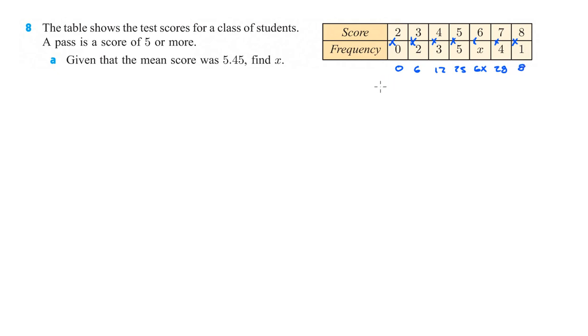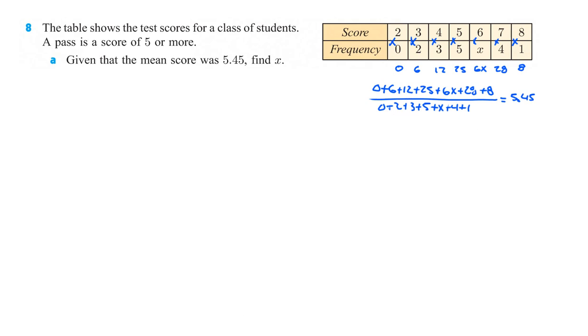So we know that 0 plus 6 plus 12 plus 25 plus 6 times whatever x is plus 28 plus 8, all divided by this total frequency, which is going to be 0 plus 2 plus 3 plus 5 plus x plus 4 plus 1, has to equal 5.45, right?